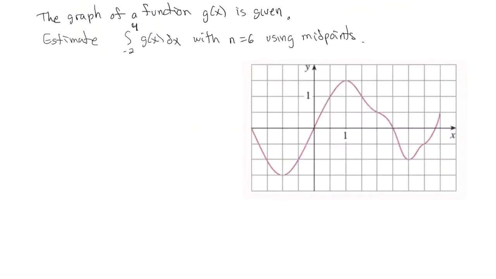Alright, in this next example, let's say we have the graph of a function g of x that's provided for us. And we want to estimate the integral from -2 to 4 of g of x dx with n equals 6 using midpoints. Now, just like we did in the prior video for 5.1, we were using rectangles on graphs to estimate area under the curve.